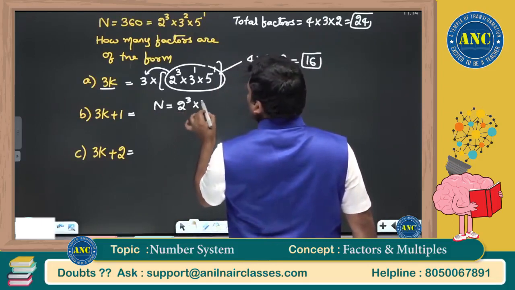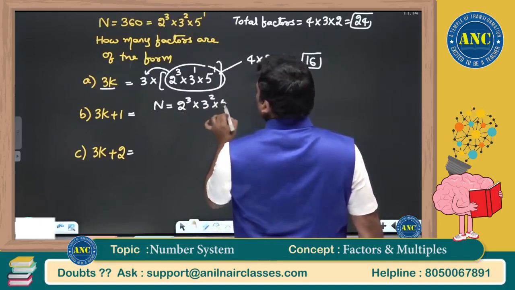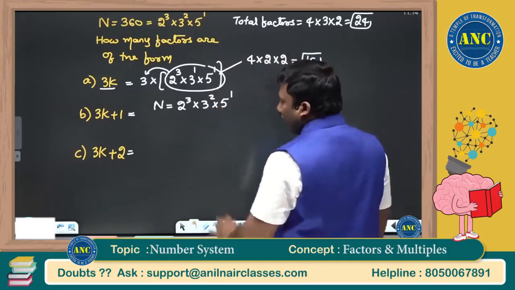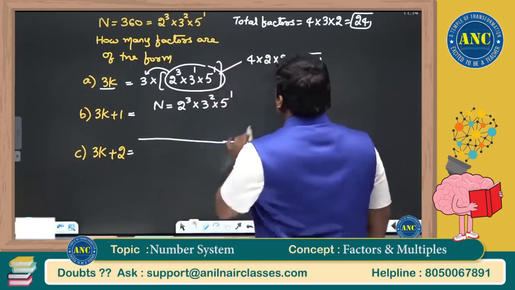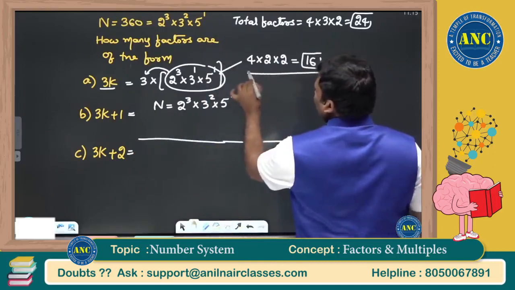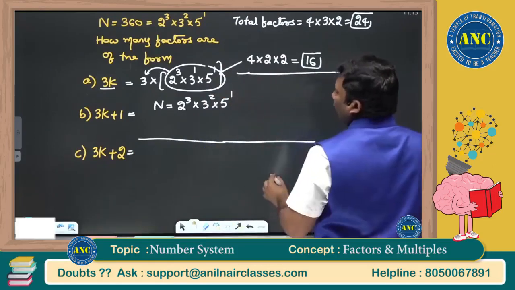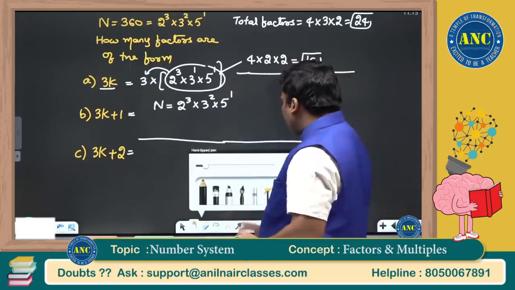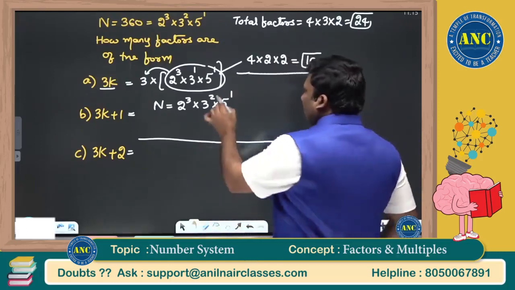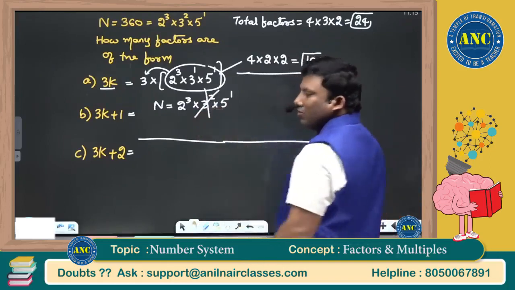2 cube into 3 square into 5 power 1. Listen carefully, sir. Now see here, it is not divisible by 3. Because it is not divisible by 3, remove 3 square here.